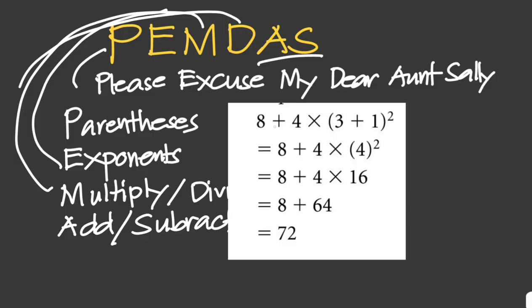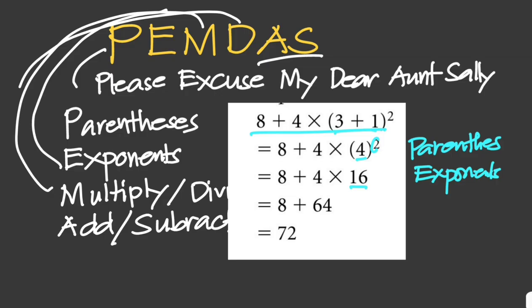Say for example, this problem, 8 plus 4 times (3 plus 1) squared. So we perform the expression inside the parentheses first, the 3 plus 1, that would become 4 squared. So this is parentheses. Then the next one, exponent, 4 squared, that would equal 16.